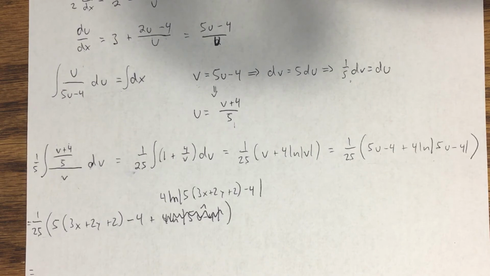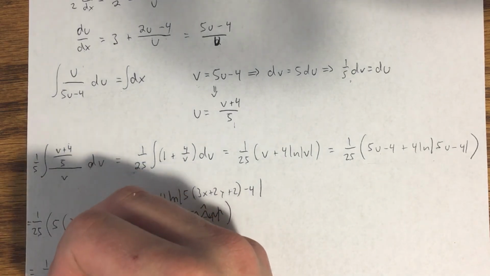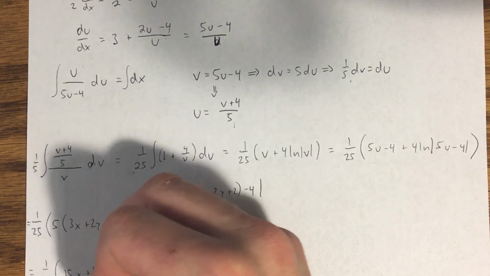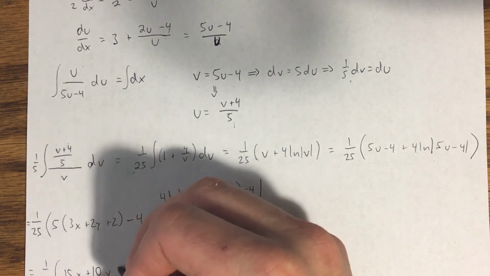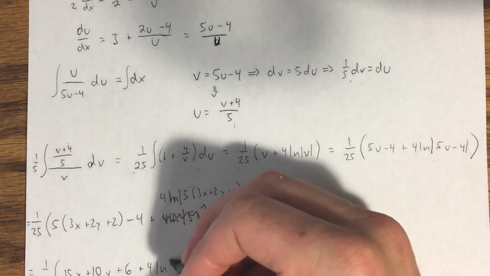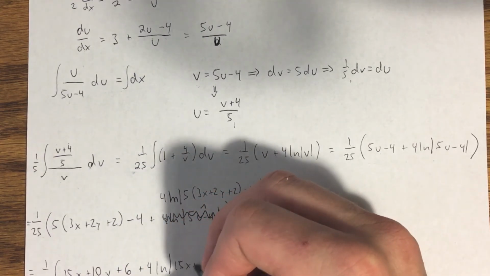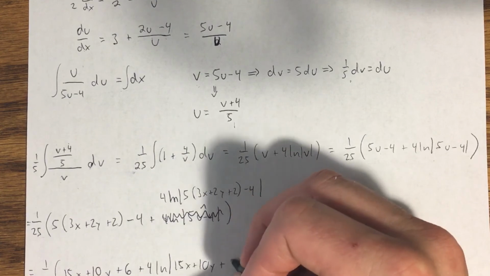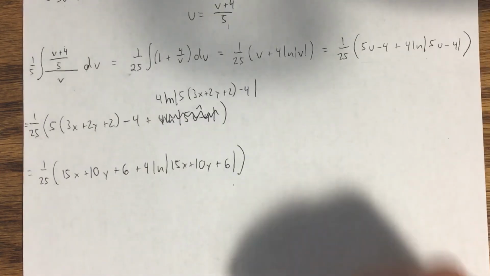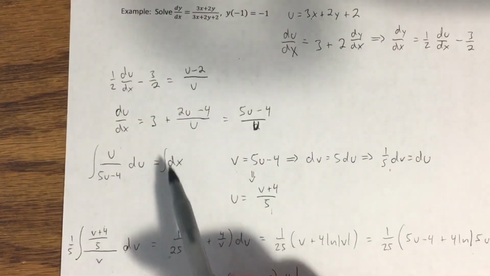So what we're going to get now is 1/25 times 15x plus 10y plus 6 plus 4 natural log of the absolute value of 15x plus 10y plus 6, that's after simplifying the previous step that we did, is equal to the integral of dx here.